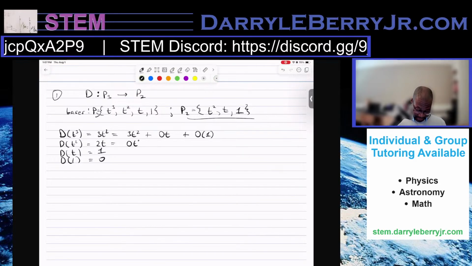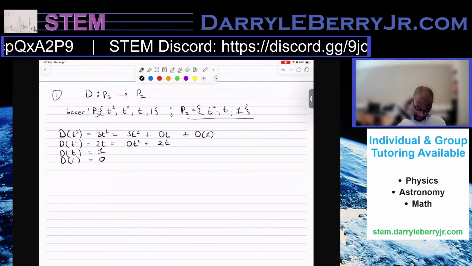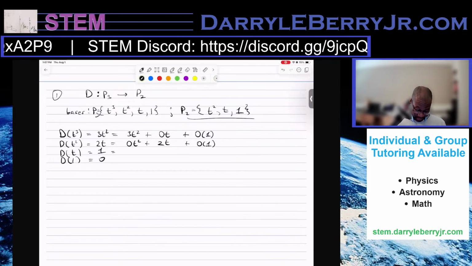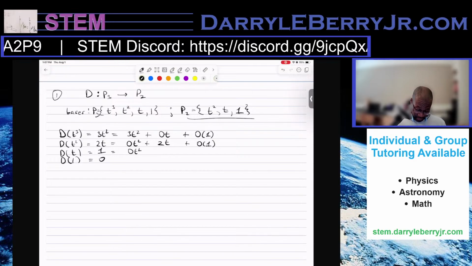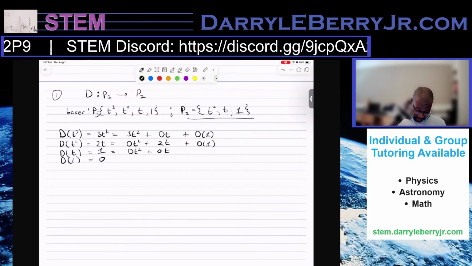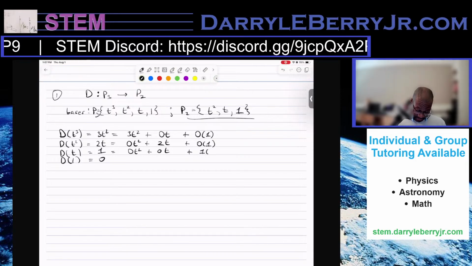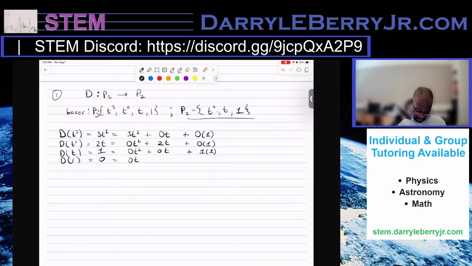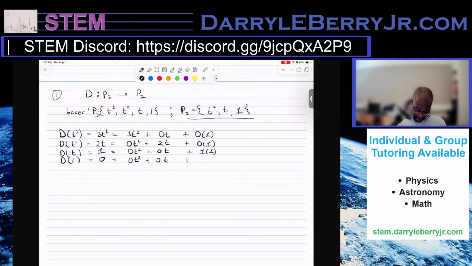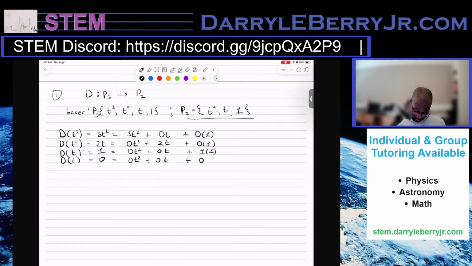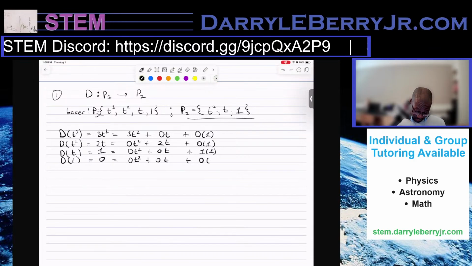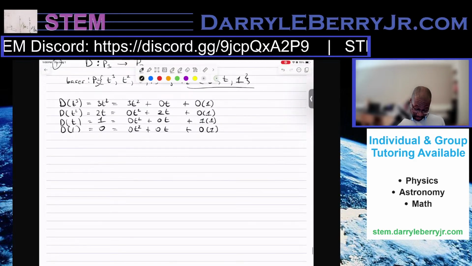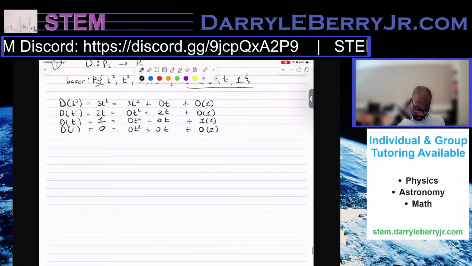This would be 0 times t squared, plus 2 times t, plus 0 times 1. This will be 0 times t squared, plus 0 times t, plus 1 times 1. And this will be 0 times t squared, plus 0 times t, plus 0 times 1. So what I need to do here is put this into a matrix form.